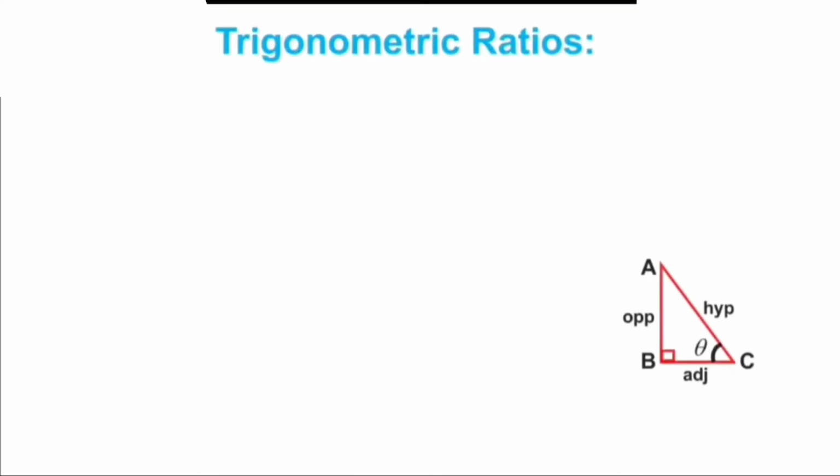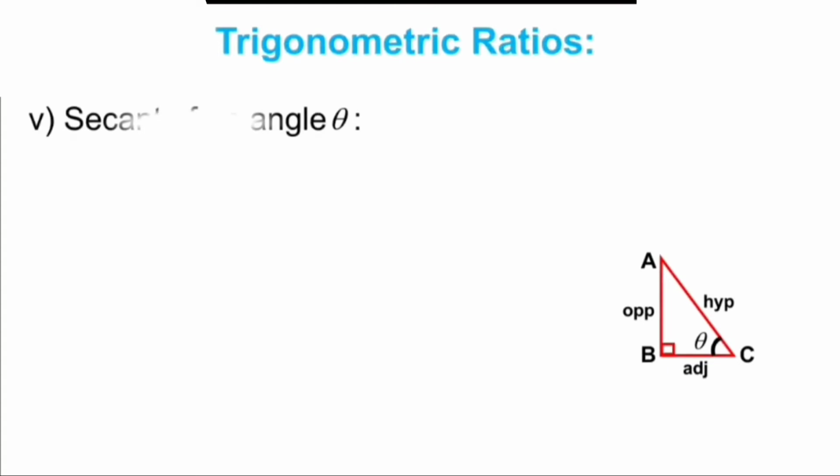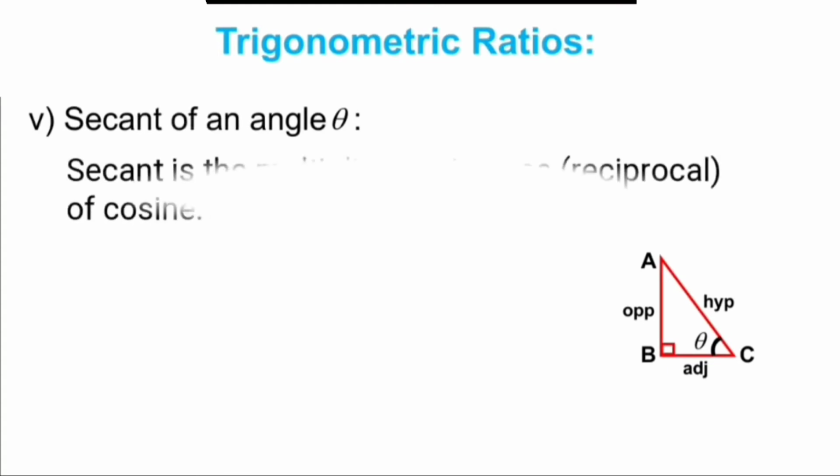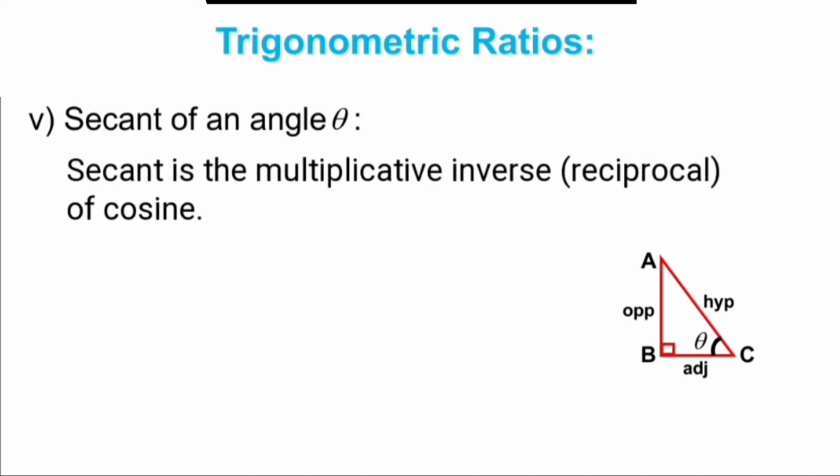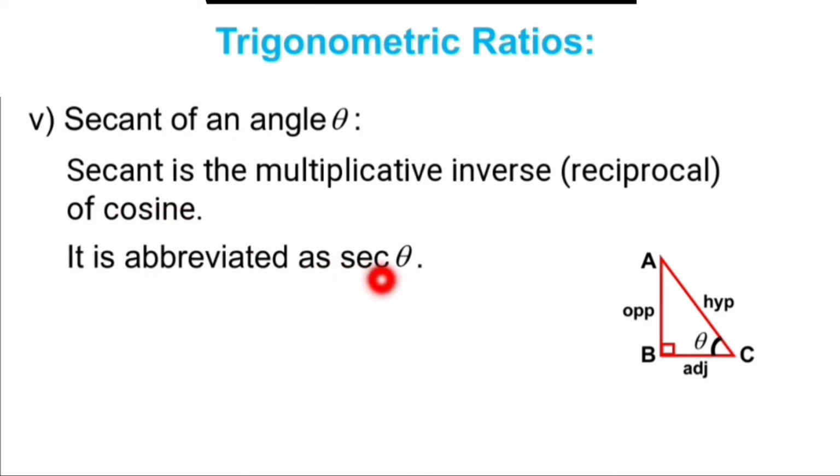Children, the next one, secant of an angle theta. Secant is the multiplicative inverse or reciprocal of cosine. It is abbreviated as sec theta, but we can also read it as secant theta.